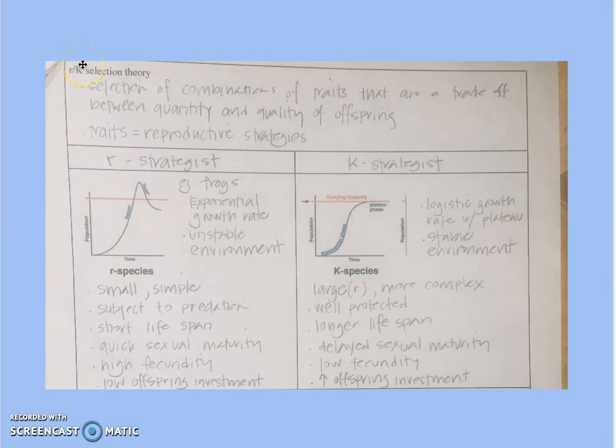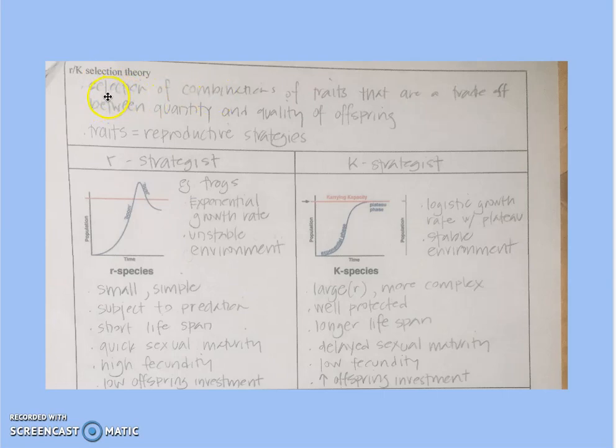Or there are strategies where not as many offspring are produced, but there's a much lower death rate. And those organisms are going to live right up by carrying capacity, so they're going to have a logistic shaped growth curve.